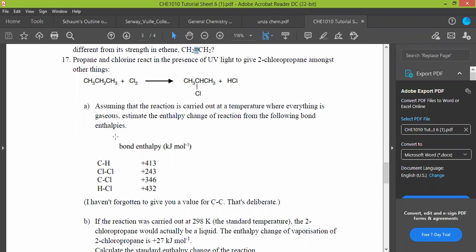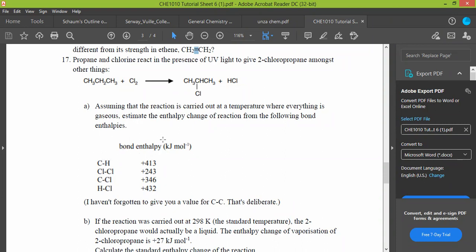Estimate the enthalpy change of reaction using the following bond enthalpies. So you are calculating the enthalpy of this particular reaction there. So you are using bond enthalpies.